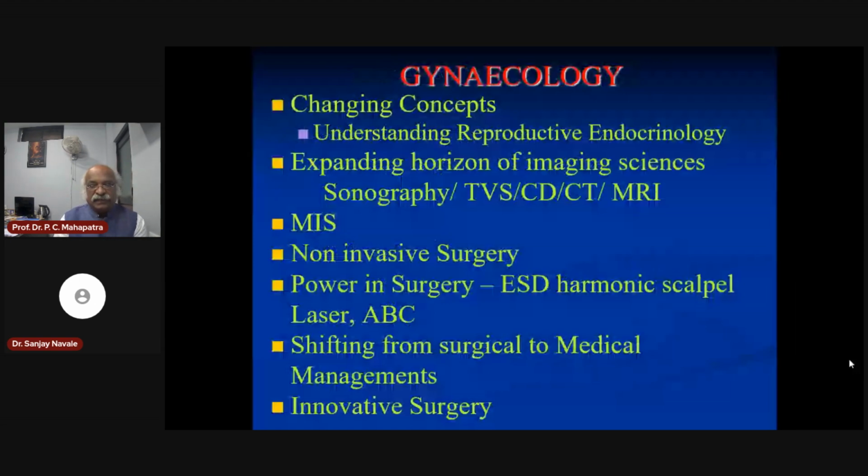Shifting from surgical to medical management. In gynecology, initially those cases were subjected to surgery, now they are shifting to medical management, as newer molecules have come up.